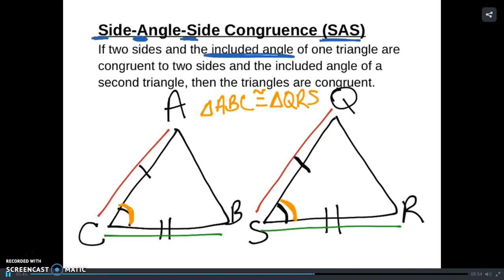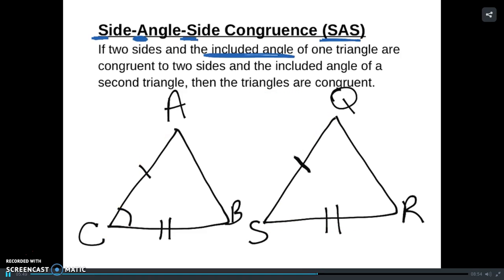Okay. Let me give you an example of some things that wouldn't work. So we have our two triangles here, and if, for example, instead of marking that angle S was the congruent angle over here, I had said angle R is the angle that's congruent to angle C, then you'll notice angle R on our second triangle is not an included angle, right?